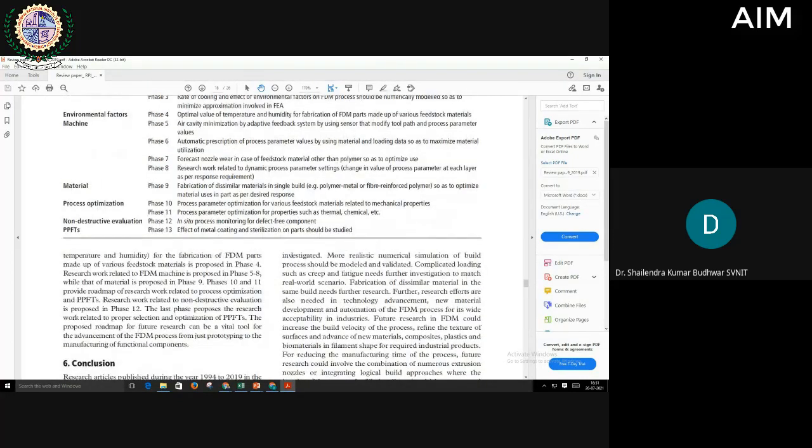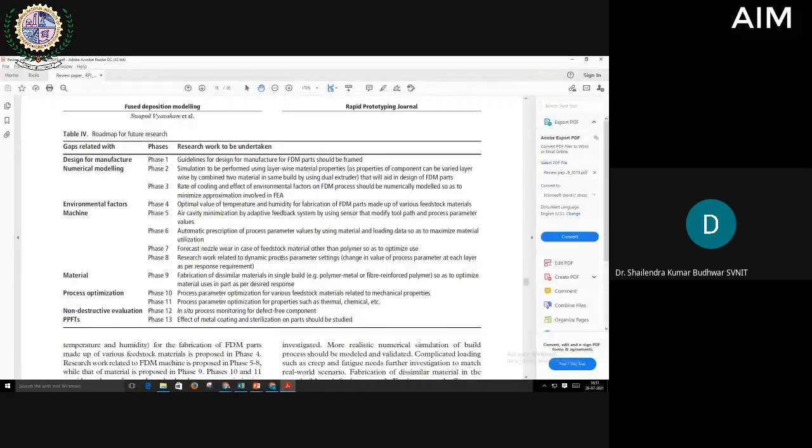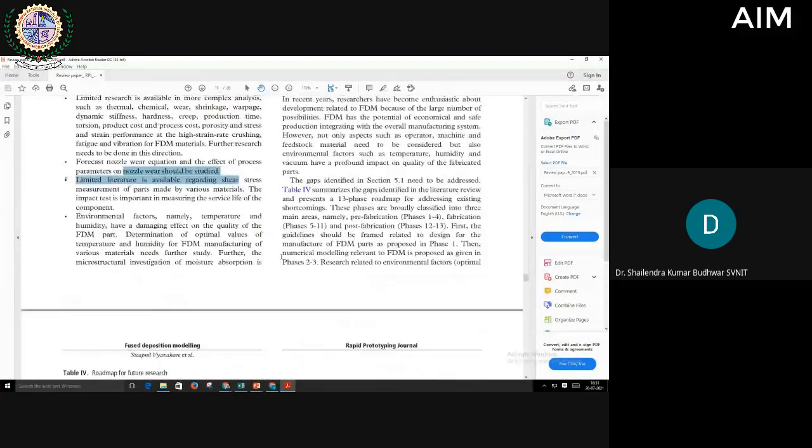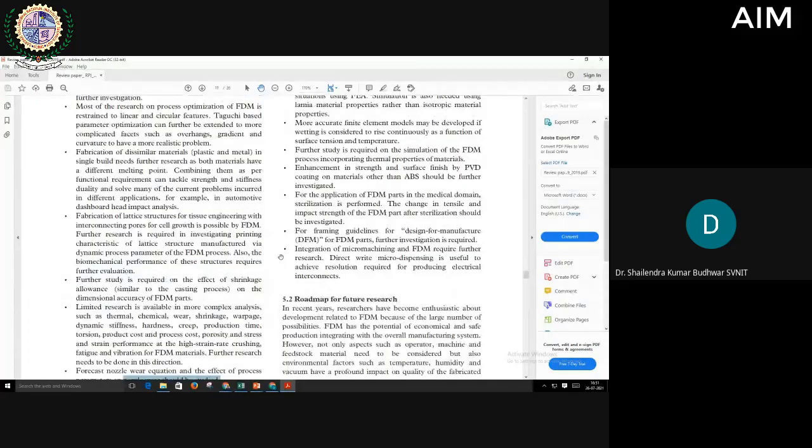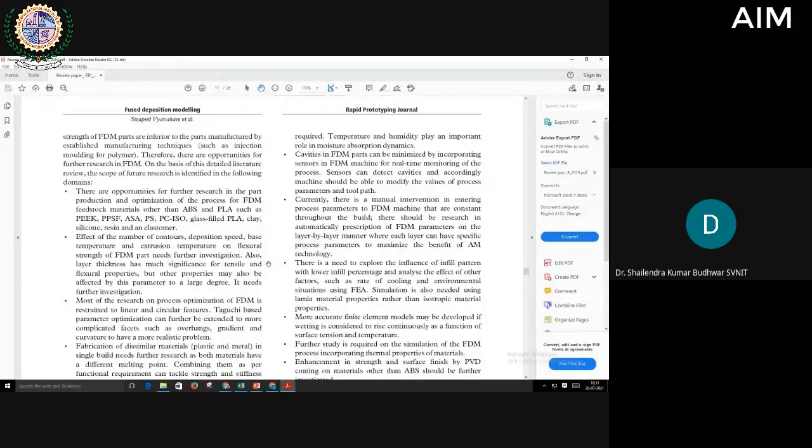So you can refer to this paper if you are interested in doing further research in this domain. Here we have listed various research gaps based on the critical review of more than 200 research papers published during 1994 to 2019. So we have covered almost most of the papers in this domain.